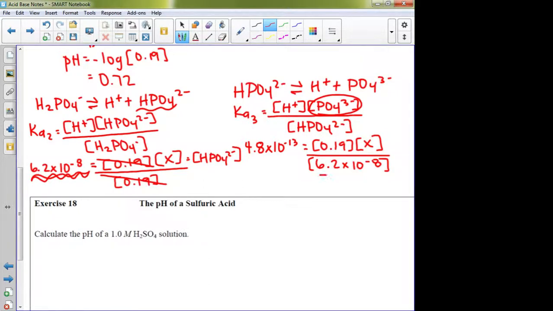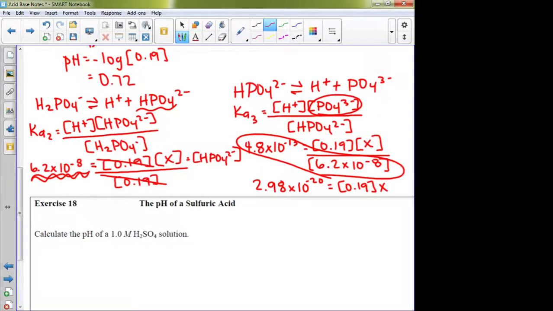Absolutely. So I'm going to cross multiply here and do 4.8 times 10 to the negative 13th times 6.2 times 10 to the negative 8th. And what do you get? 2.972 times 10 to the negative 20th is equal to 0.19 times x.